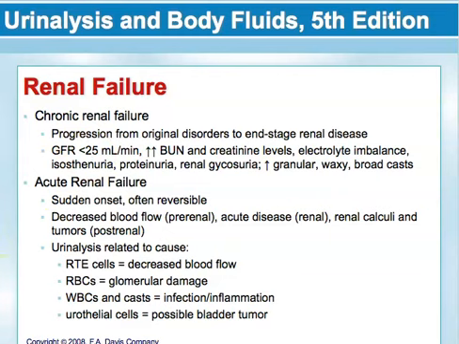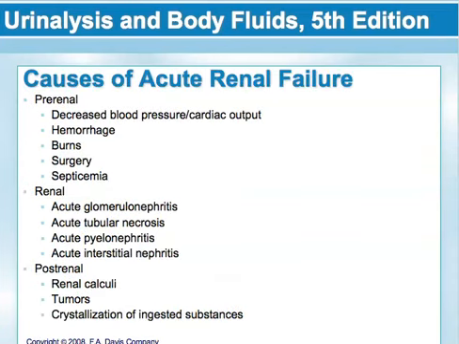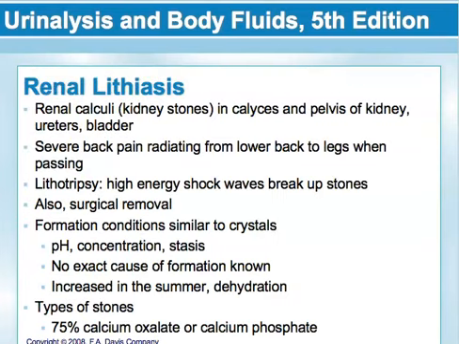Your urinalysis results for this one are going to be related to the cause and can be a diagnostic tool in determining where the problem is originating. And the next slide here is just a list of different causes of acute renal failure broken down into your pre-renal, your renal, and your post-renal causes.